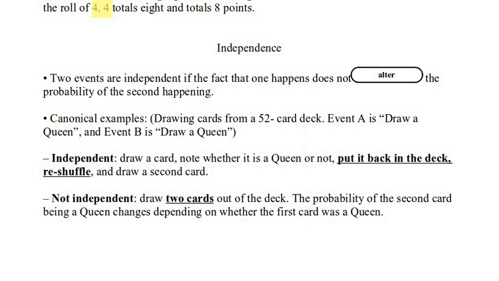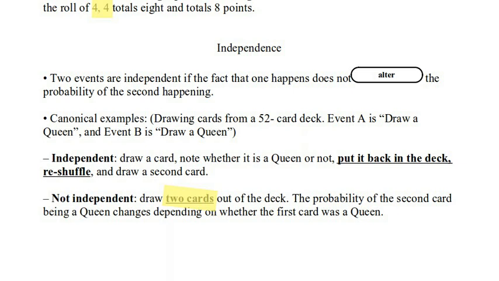I hope you can see that that's not only arithmetically so, because the denominator is still 52 and the numerator is still 4, but also because of the way we did the act of drawing these two cards. That's very different if we draw two cards out of the deck. I draw one card out of the deck, I look at it, and I put it down, not back in the deck, not reshuffled, and I pull another card. The probability has changed for two reasons.